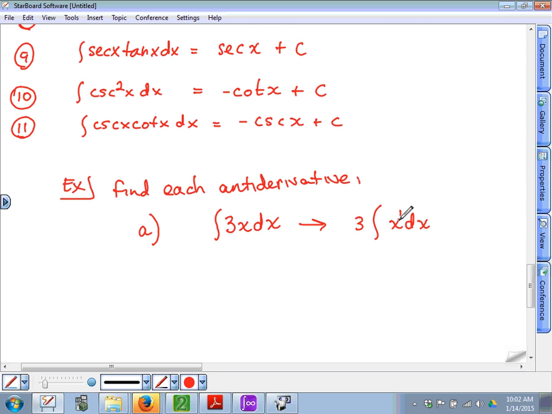So the integral of x to the first power dx is x squared over 2. Then the antiderivative would have a plus c at the end, because it would be true for any constant. So it'd be more common to write it as 3x squared over 2 plus c.